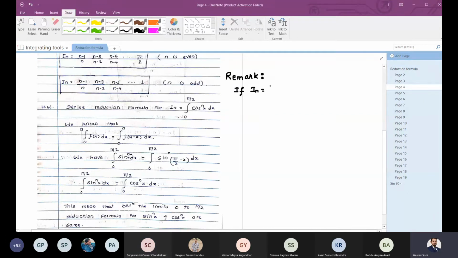So if In is equal to the integral 0 to pi by 2 of sine raised to n of x dx, then how do we go ahead? So n minus 1, n minus 2, n minus 3.